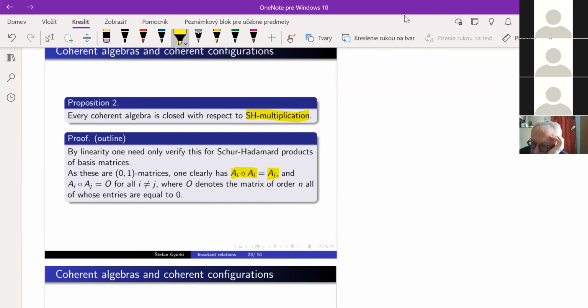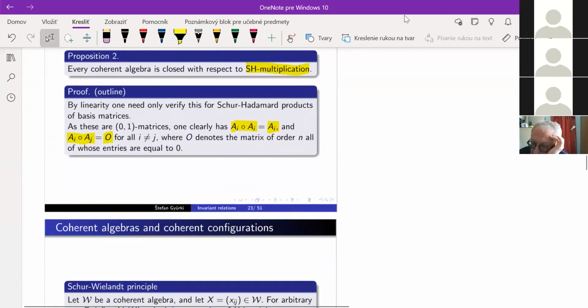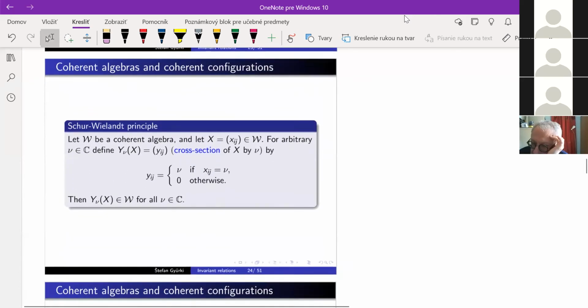If you multiply different matrices from the basis, then you obtain the full zero matrix, because at least one of those two matrices has 0 in each entry.